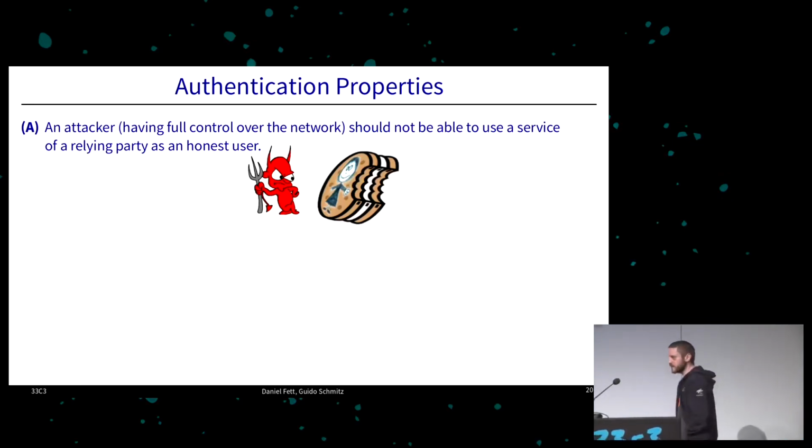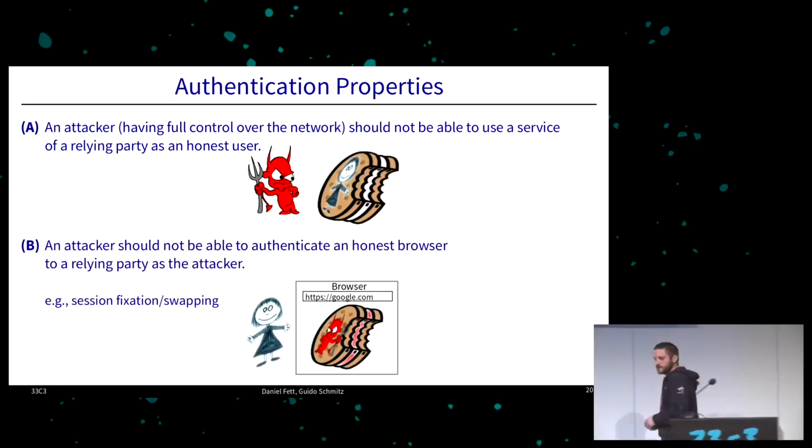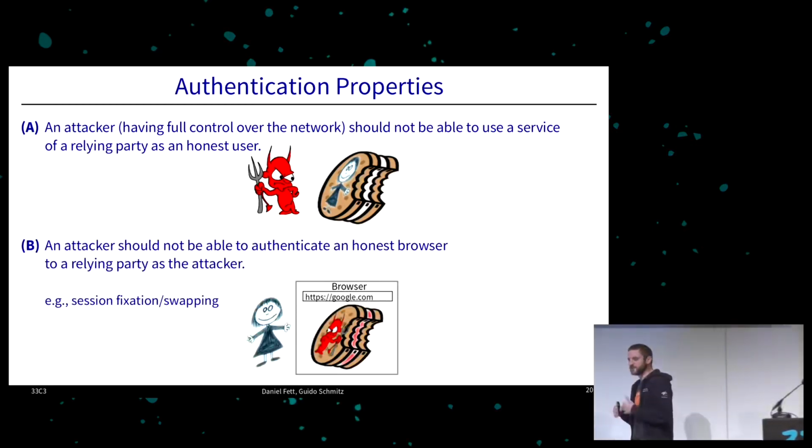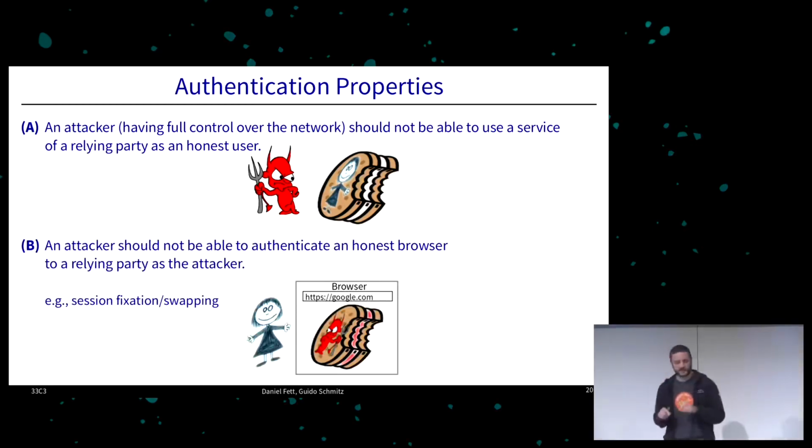There's a slightly less obvious property, which says that an attacker should not be able to authenticate an honest browser to a relying party as the attacker. So the attacker should be unable to force Alice's browser to be logged in under the attacker's identity.